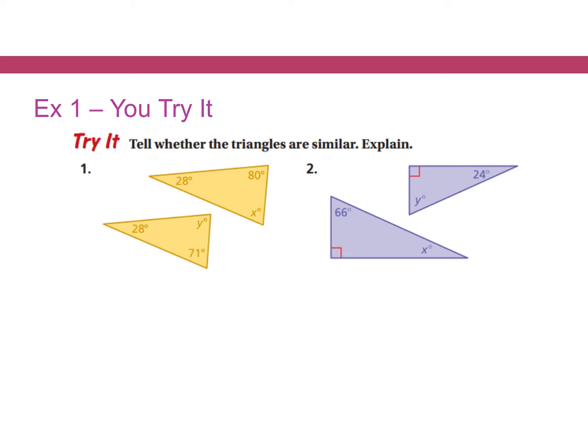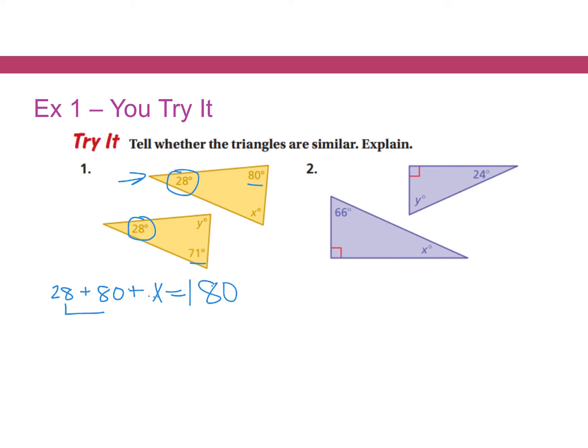All right, so for number 1, again, I notice that both triangles have an angle of 28 degrees. They are different in the fact that we have 71 and 80, but that's okay. I'm going to take this top triangle right here and add up all my angles. I have 28 plus 80 plus X equals 180.